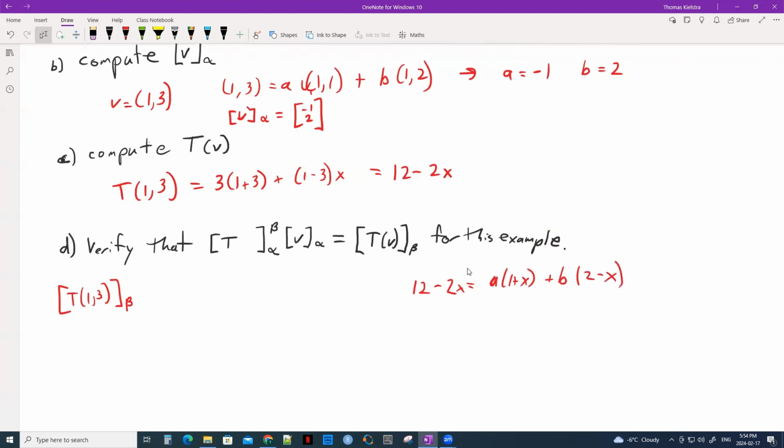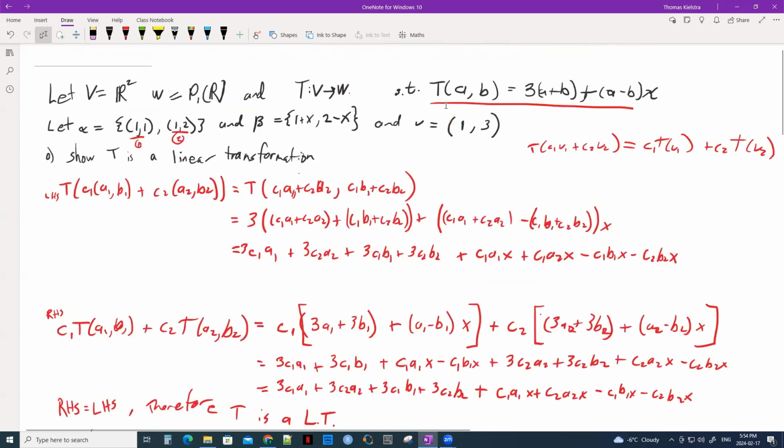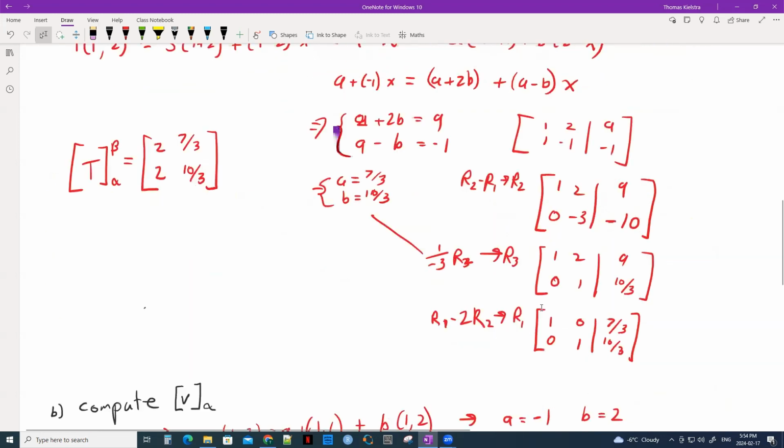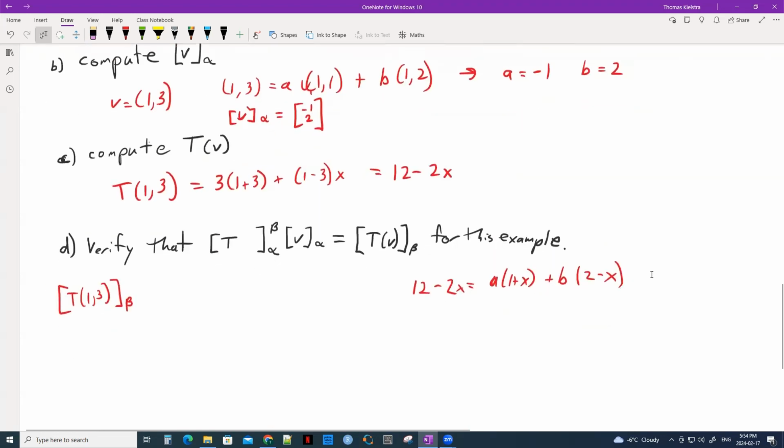Remember, these vectors don't come from the matrix or the linear transformation, they come from our basis. So 1 plus x and 2 minus x is where I get these vectors from.